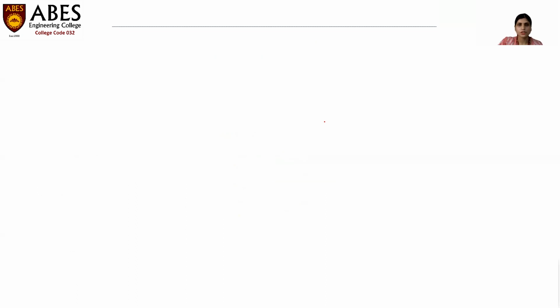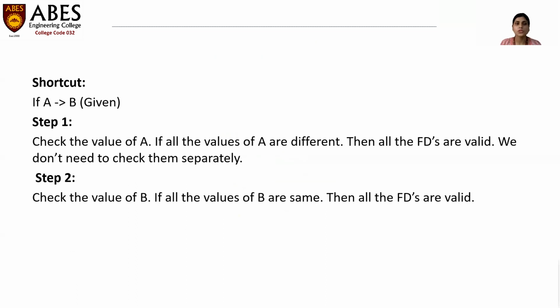The first short trick says that we have to check the values of A. If all the values of A are different, then all the functional dependencies will hold good, or will be true, irrespective of the values of B. Are you getting the point?